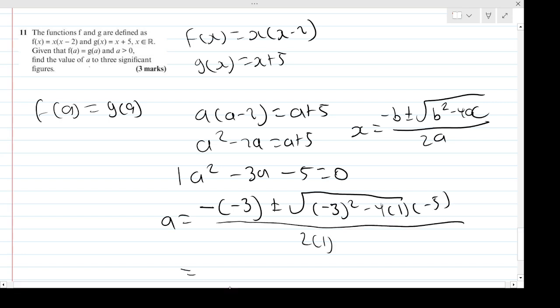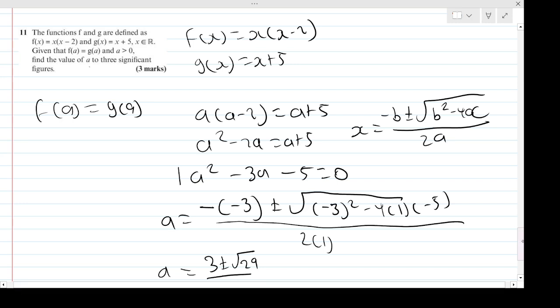Then if you put that into the calculator, you get these two numbers here. a is 3 plus or minus the root 29, over 2.